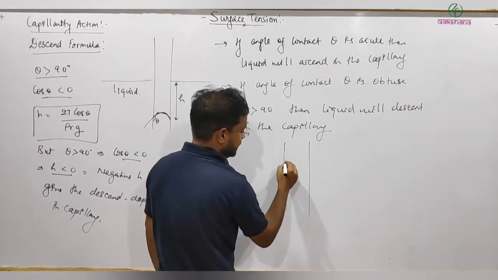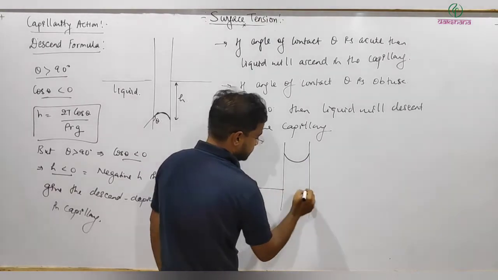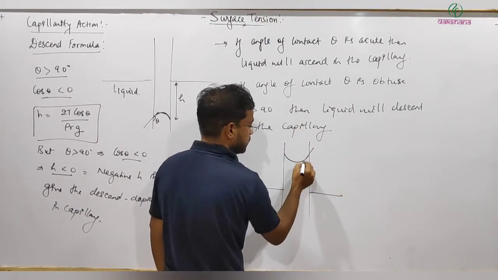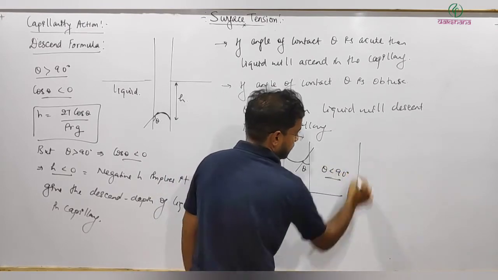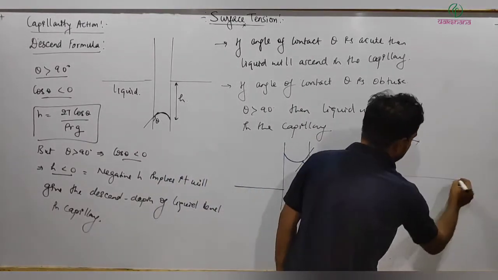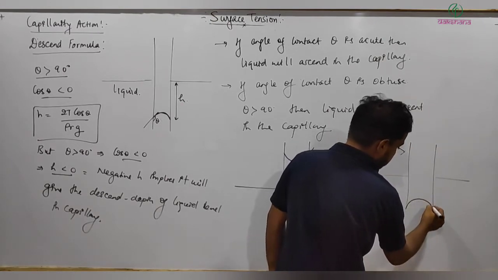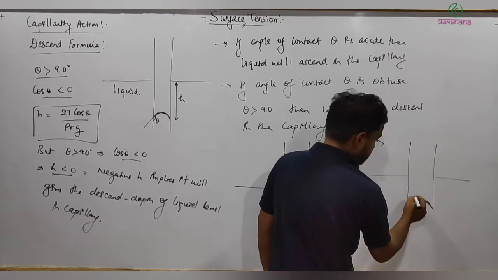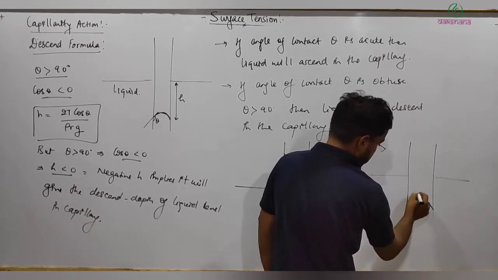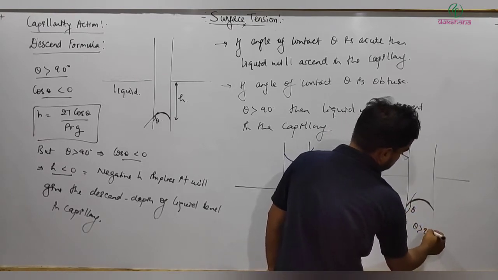And you should remember this case also. When it is ascending, then the surface meniscus shape will be like this, is it? Theta less than 90°. And when it is depressing, then the meniscus will be in this shape. Theta greater than 90°.